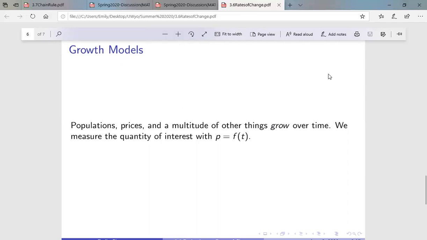You can imagine there's more people on the earth right now than there were during the Middle Ages, and there's more people on the earth during the Middle Ages than there were during the Mesopotamian times or during the Egyptian empires. So we want to measure that, and we can do that by calling P equals f of t. And there's always going to be some function that describes how populations grow. You might remember these explicitly, you might not, but when they come up, just know we're talking about growth models.